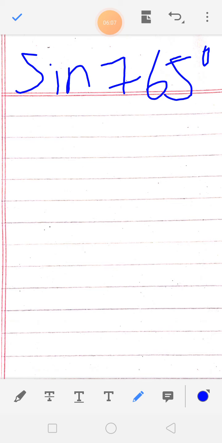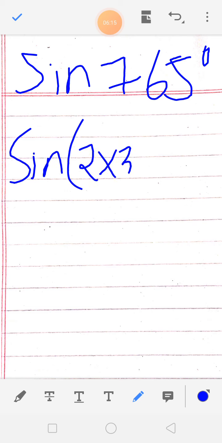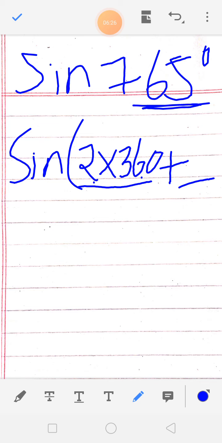More than 360 means, 360 plus 360 is 720, correct? So sin of, I can write 2 into 360, 720, plus how many degree will convert to 765 degree. So 720 plus how many degree you will get 765? 45 degree.